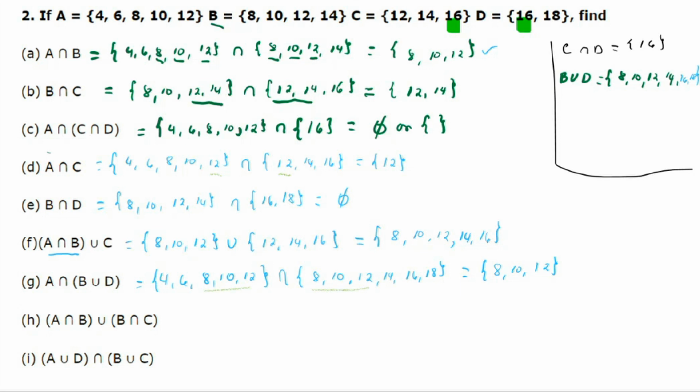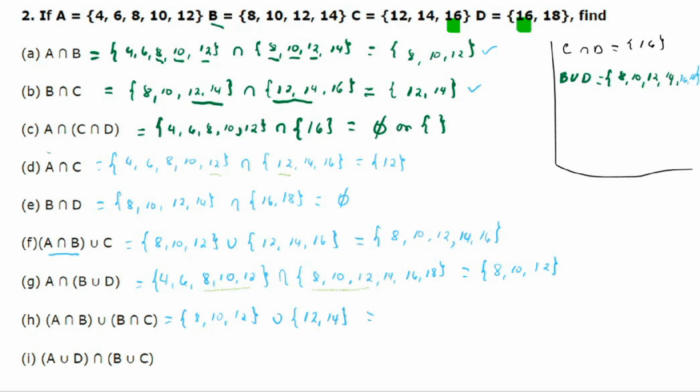Next letter, we have A intersection B union B intersection C. We already have A intersection B, so I will just copy this one again: A intersection B, whose elements are 8, 10, 12. Union B intersection C, we have this too, so I'll copy the answer for B intersection C, whose elements are 12, 14.